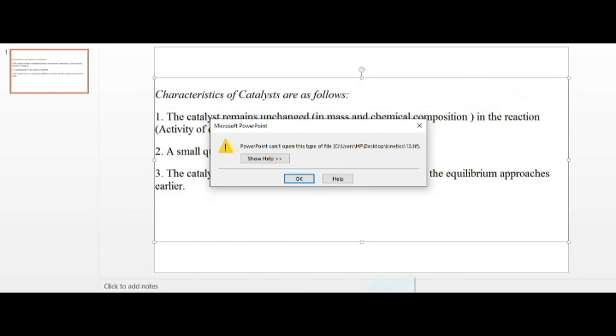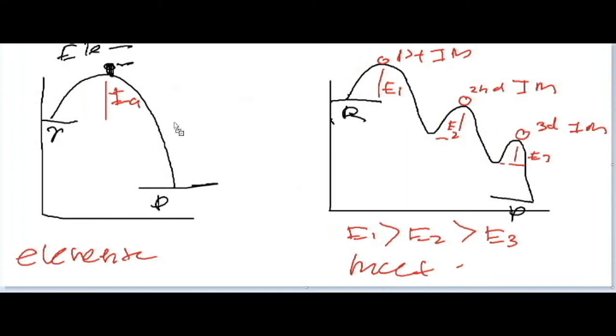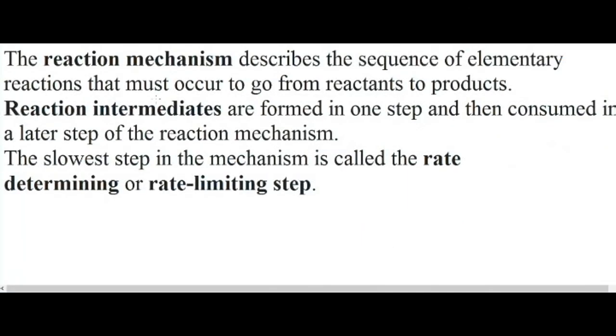Now consider the rate mechanism described there. Reaction intermediates are formed in one step and then consumed in a later step of the reaction.